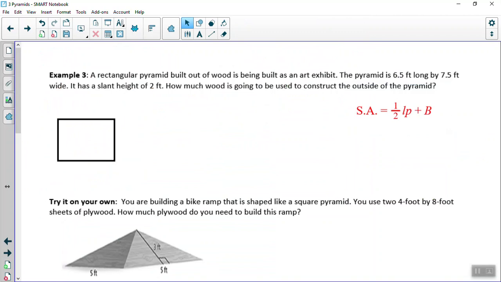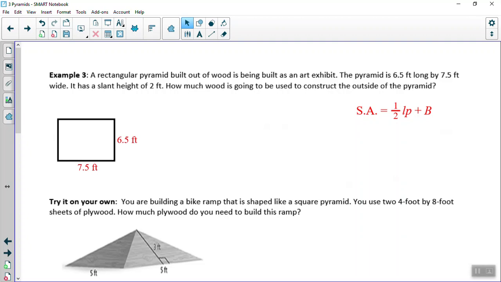So I drew in my base just so that I can have something to label. They said that the pyramid is 6.5 feet long by 7.5 feet wide. And it doesn't matter where you put those two values.